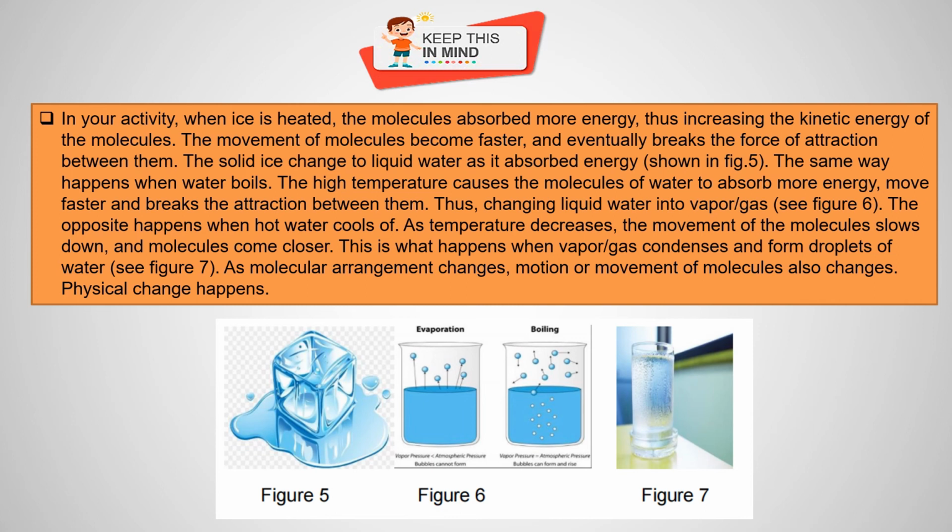This is what happens when vapor or gas condenses and forms droplets of water. See figure 7. As molecular arrangement changes, motion or movement of molecules also changes. Physical change happens.